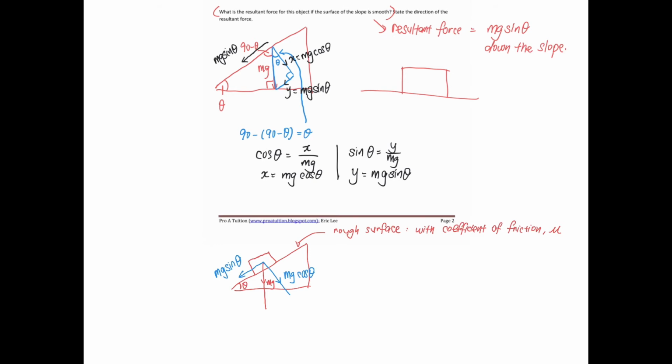And we have to use the frictional force formula at the same time. Frictional force is equal to mu R, where R is the normal reaction or the normal force.